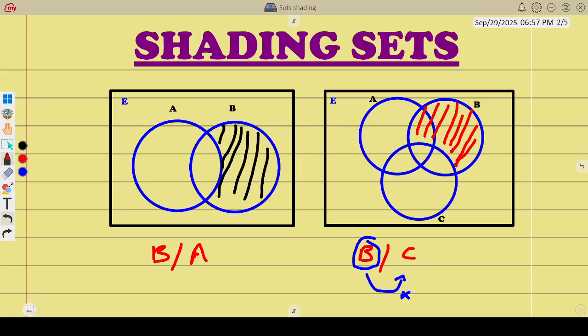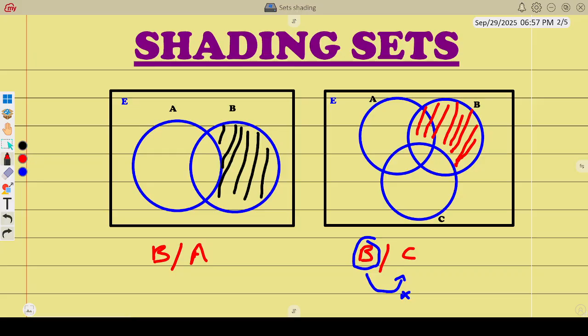You can't shade this part, this is not B. And then C is the whole lot of this. So we can't shade in here because it's part of C. You shade what is in B, but not what is in C. This is how you shade B minus C.